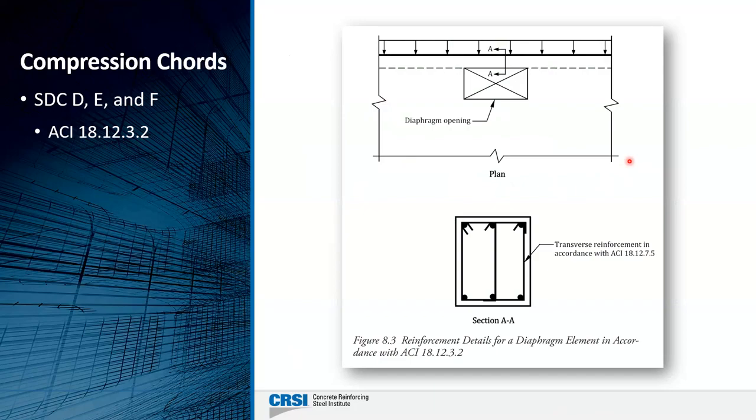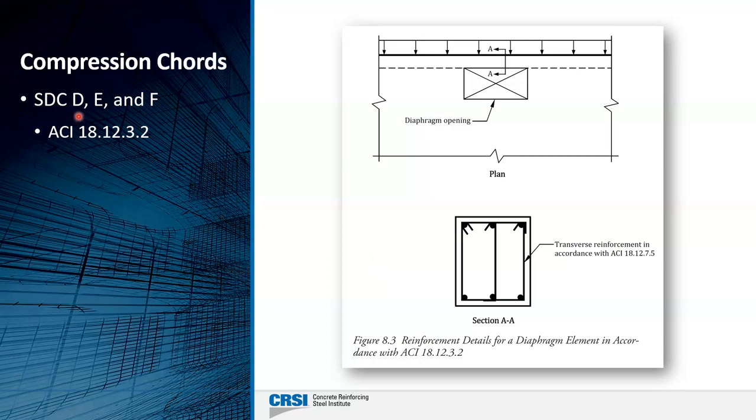What you see here is a partial plan of a diaphragm. This darker black line is the edge of the diaphragm, and there's an opening in the diaphragm here. When this strut-like element is subjected to compression, the code is telling us that we have to provide some additional transverse reinforcement within that portion that goes along this diaphragm opening, so that this part of the strut does not buckle in any way due to the compression force.